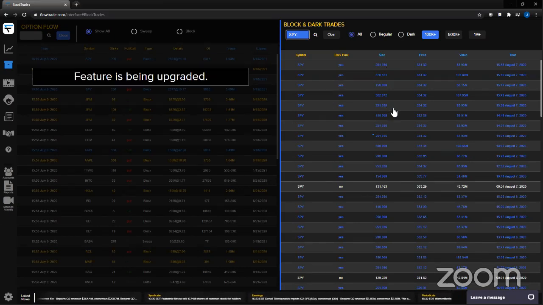We get another one here, another one here, and it just keeps going this way. You'll see these trades come through at fractional prices. If this one got it at 334.32, this one may not have, it may be like 334.32.1 or 332.